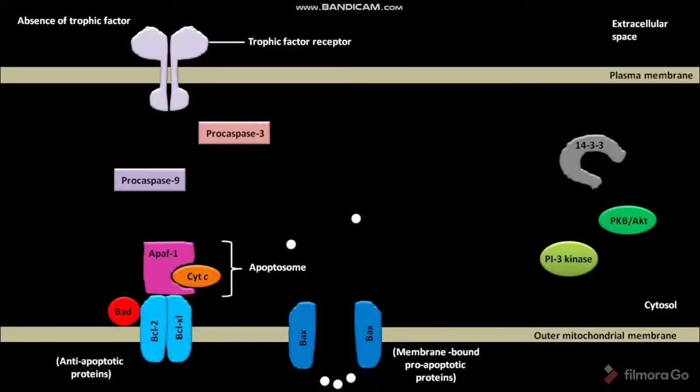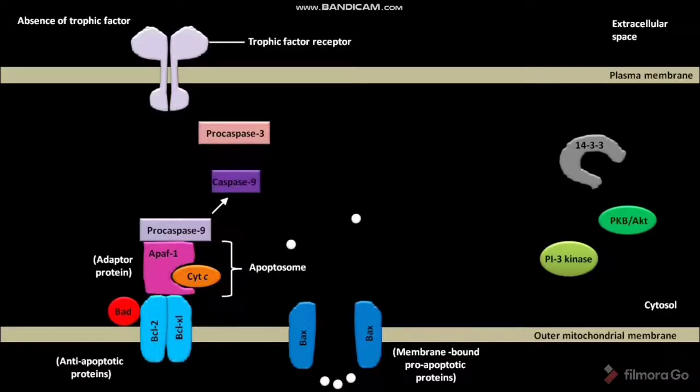The APAF1 is an adapter protein. The apoptosome then recruits a catalytically inactive protein called procaspase 9. The procaspase 9 is then converted into the initiator caspase called caspase 9.